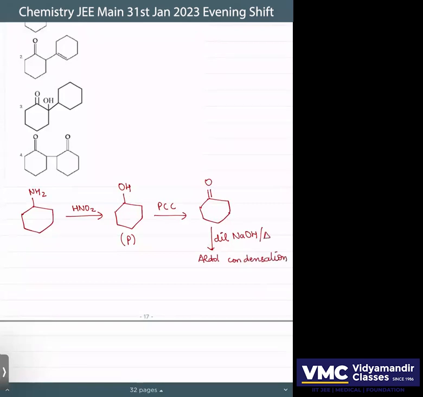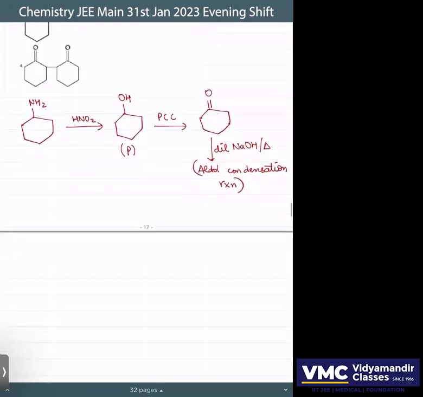It will react with dilute NaOH and will undergo aldol condensation reaction. Heat is also mentioned here. What will be the product? Let's see. This hydrogen will be abstracted, negative charge will be left here.